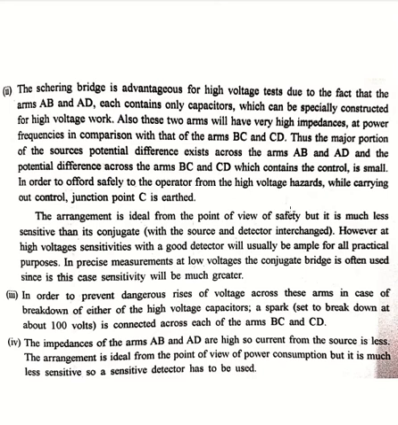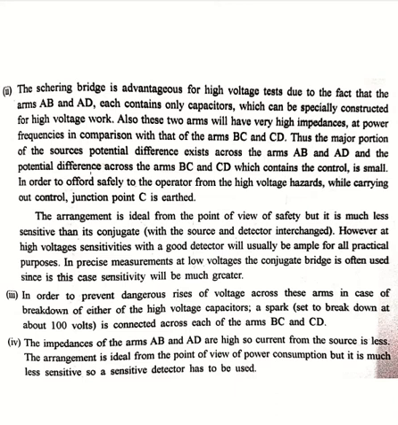Also, these two arms will have high impedance at power frequency in comparison with the other arms BC and CD. The major portion of the source potential difference exists across the arms AB and AD. The potential difference across arms BC and CD, which remain in control, is very small.